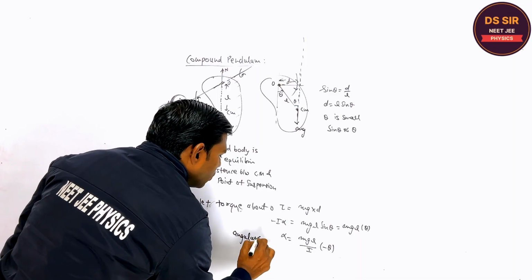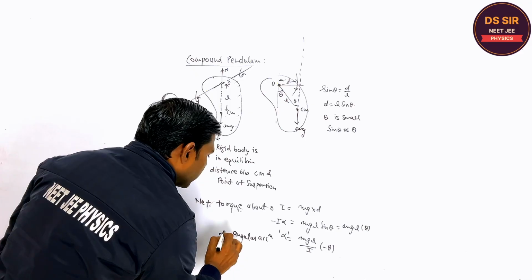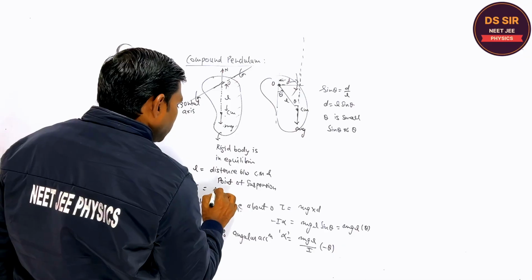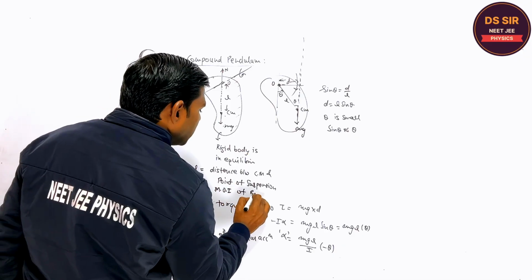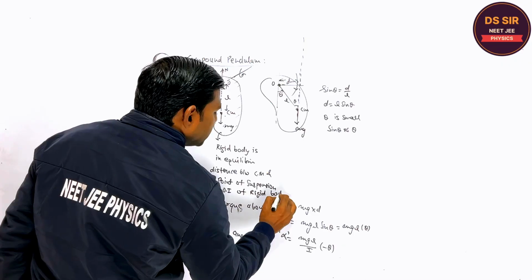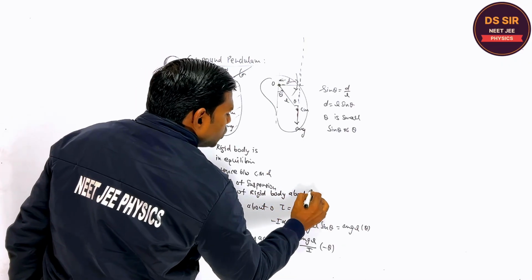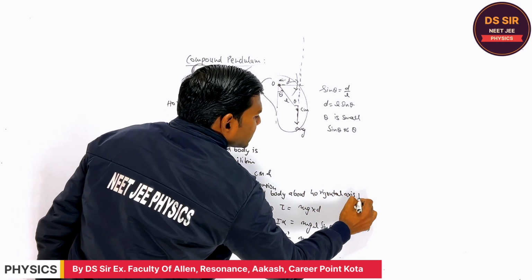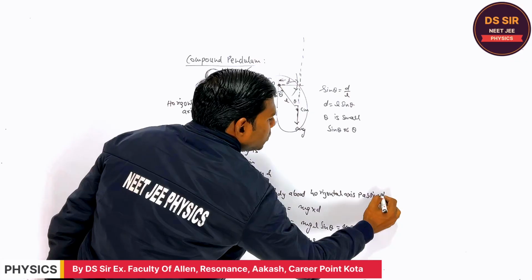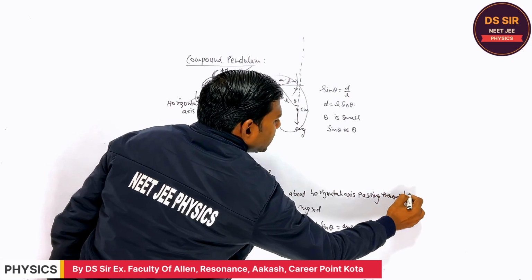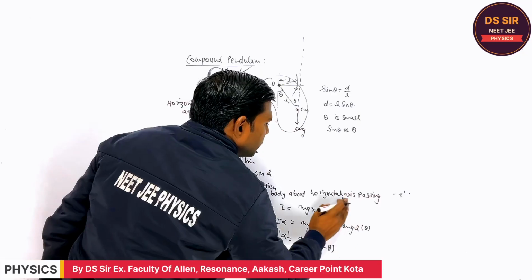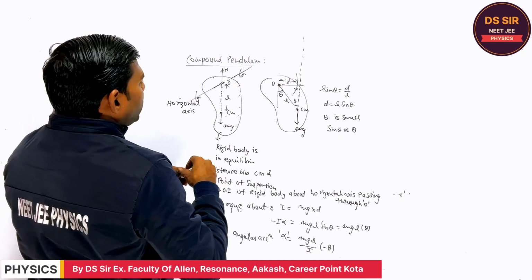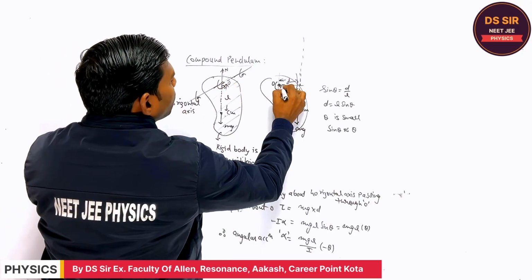This is the angular acceleration, alpha. What is I? I is the moment of inertia of the rigid body about the horizontal axis passing through O. This is the moment of inertia of the body about this axis of rotation.